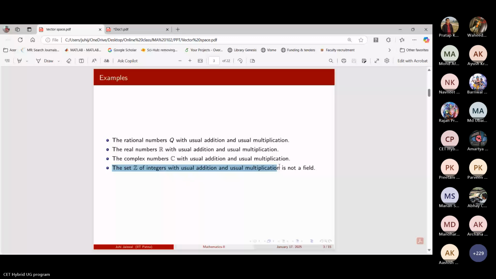Why? Can anybody tell? Whether for any x in Z, we will be able to find x inverse, which will give x into x inverse equal to 1. No, ma'am.